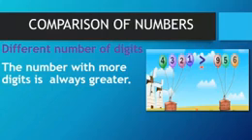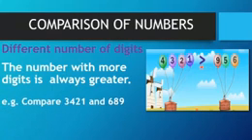Okay, let's see through an example. If I have to compare 2 numbers, 3421 and 689. So let's count the number of digits. In the first number, the number of digits are 1, 2, 3, 4. And here, how many digits are there? 1, 2, 3.